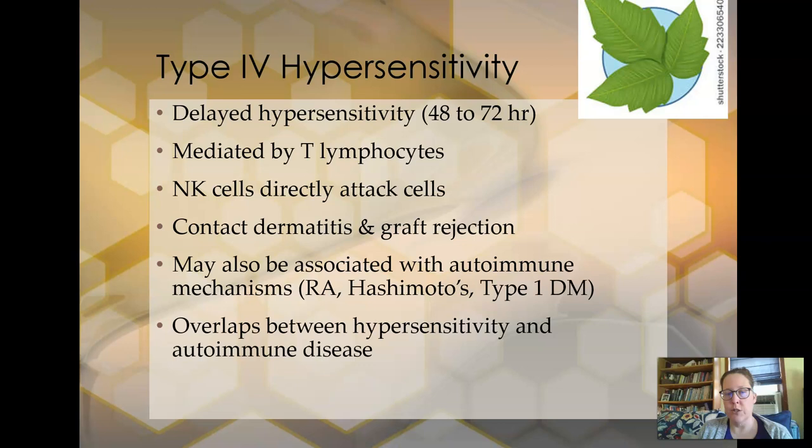And then type 1 diabetes, it's the beta cells in the pancreas, those that produce insulin. The hypersensitivity is to T lymphocyte attack. It's cell-mediated, so it attacks that specific tissue, those specific cells of the pancreas.